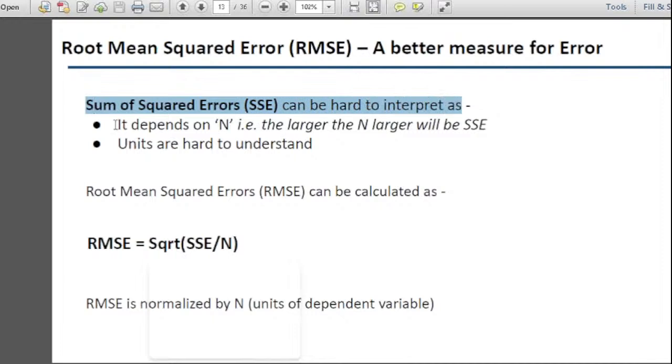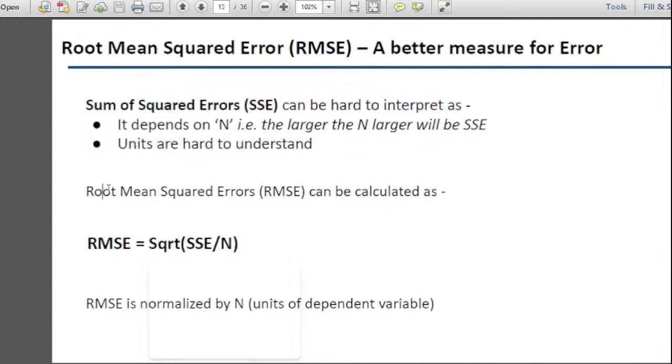Why? Because as I said, the units are hard to understand because it is squaring it. Second, it depends on n. N means if I have more observations, because it's a positive value, it is only going to increase, right? So more the n, larger will be the SSE, because it is only going to keep on adding. There are no negatives in this, squaring it up. So more the n, larger will be the SSE.